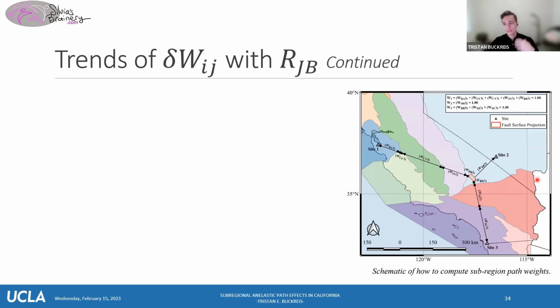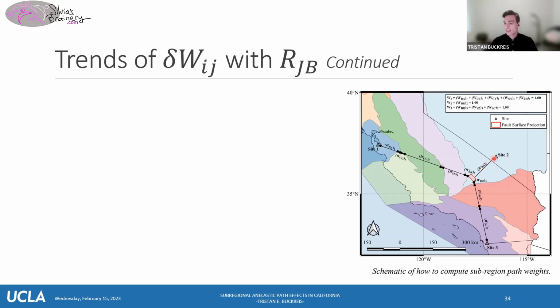So to do that, we apply the cell-specific approach, which is taking our earthquake, which can be represented by this rectangle. This is the fault surface projection. And if we have sites, which are represented by triangles, we can compute the path length within each subregion. So for example, site 2 is only contained within one subregion.